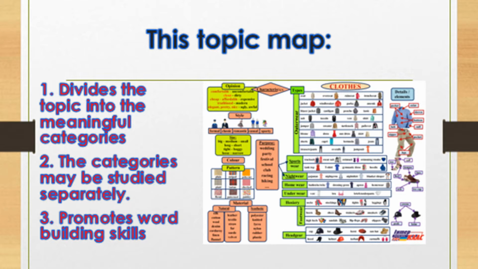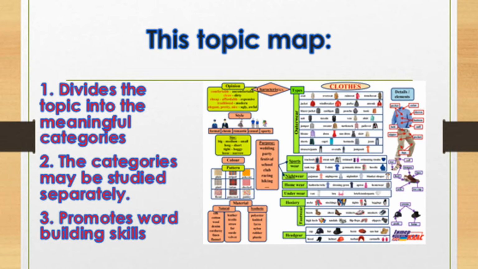This topic map is describing clothes. It divides all clothes into the meaningful categories. Each category may be studied separately or become a part of one level. For example, at level 1, we will be studying just some very simple items of clothing.